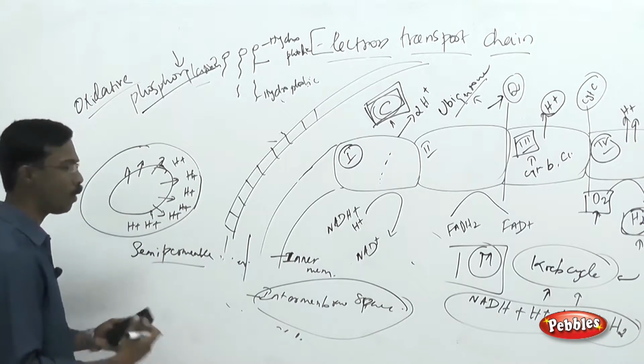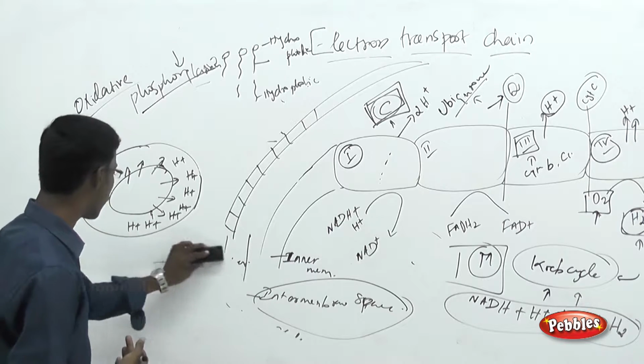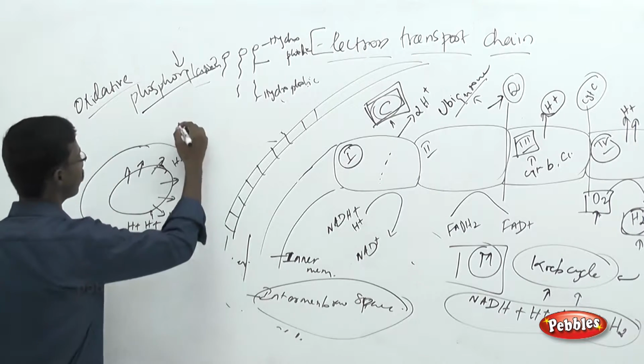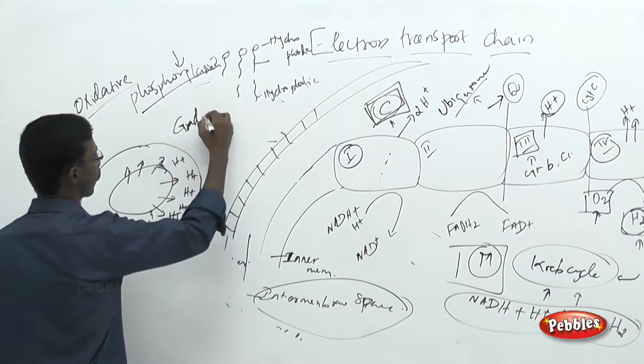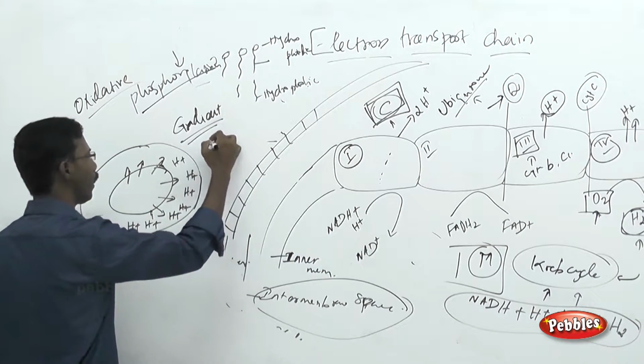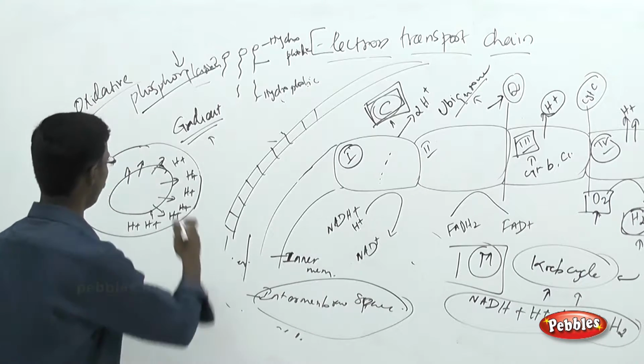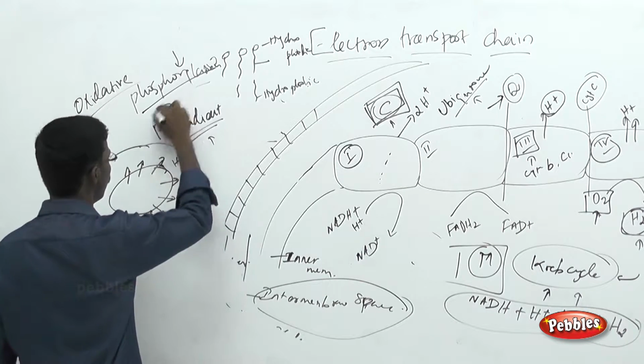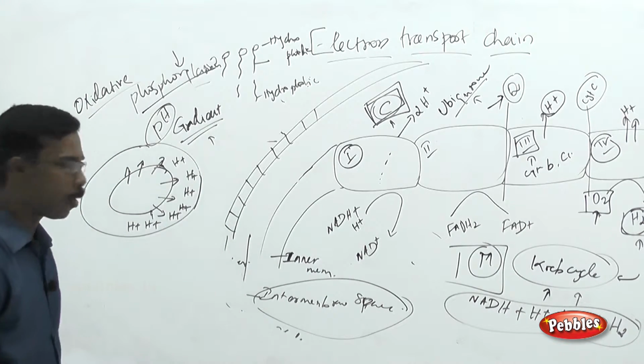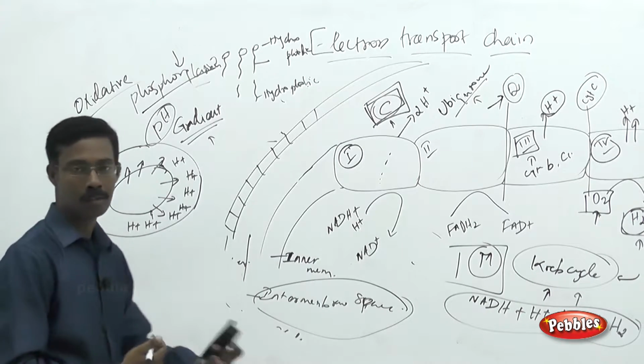So what will happen here is that it will create a gradient. What kind of gradient are they going to create? They are going to create a pH gradient and a charge gradient. So what do you mean by pH? pH is the hydrogen ion concentration.